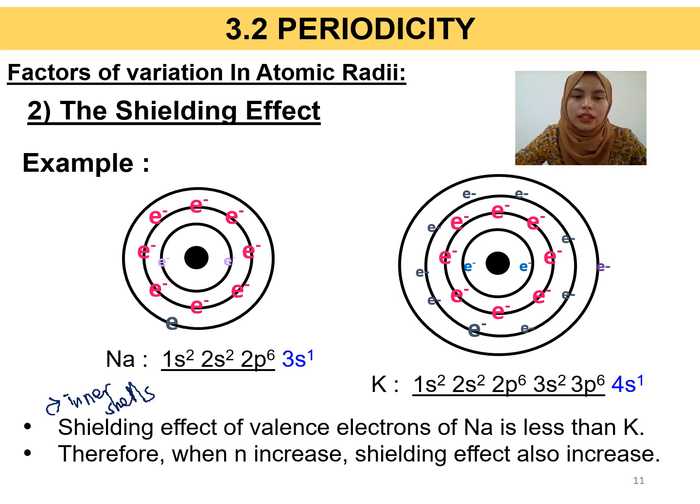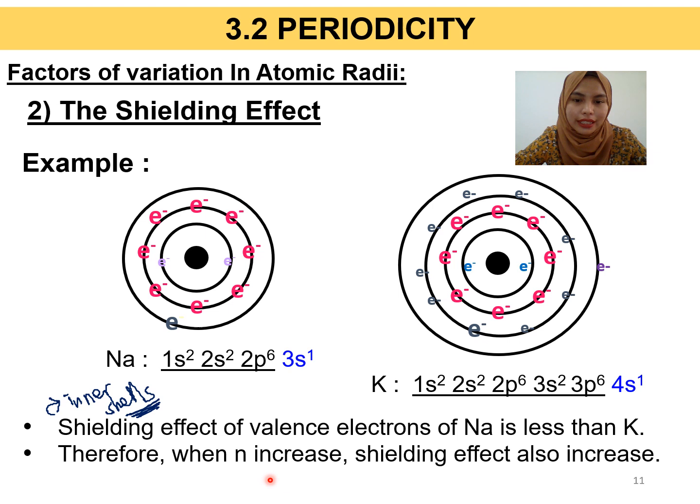Semakin banyak inner shells, semakin kuat shielding effect. So therefore, potassium ada banyak inner shell, so shielding effect of potassium akan lagi tinggi compared to sodium, sebab potassium ada extra shell, sodium shell dia sampai 3 saja.